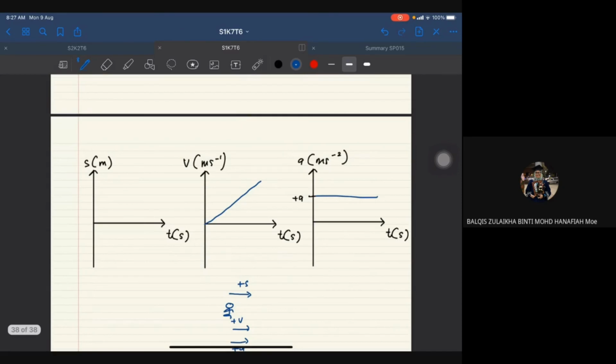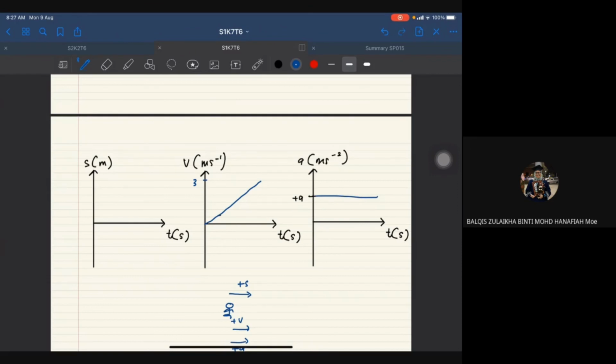So it could be like this or it could be like this. Okay, but in this case, since the velocity is to the right, so obviously yang down tu adalah salah lah. Okay, kalau dia macam ni, it means that the rate of velocity increases at a constant rate. So the gradient is the same.